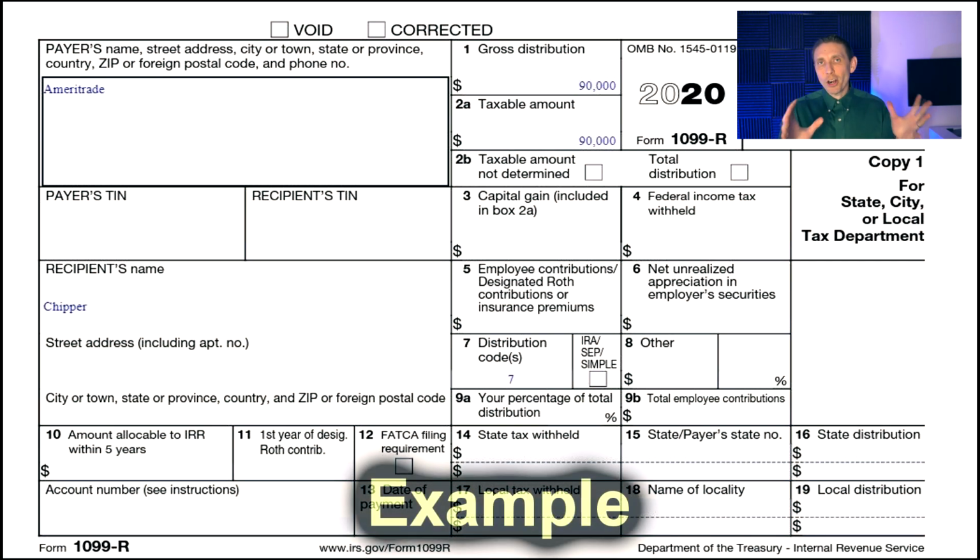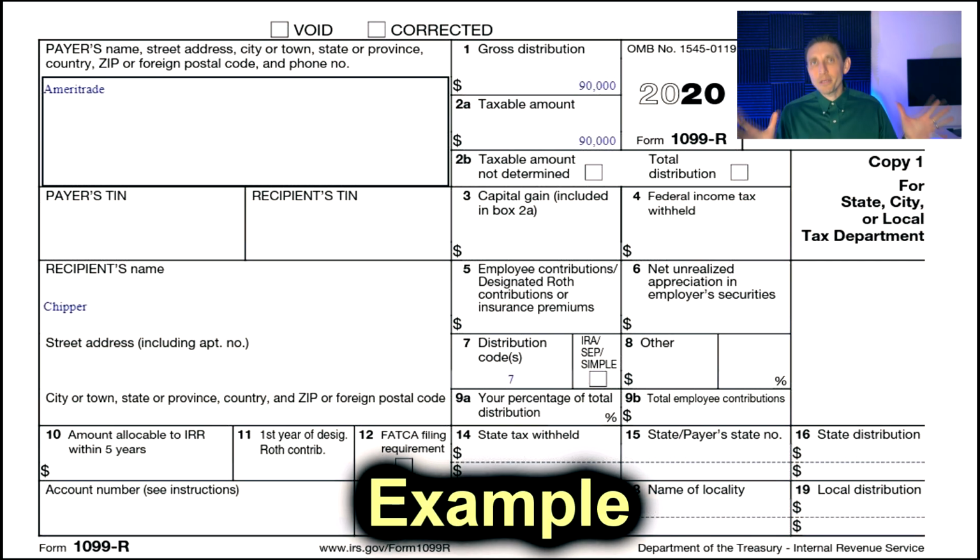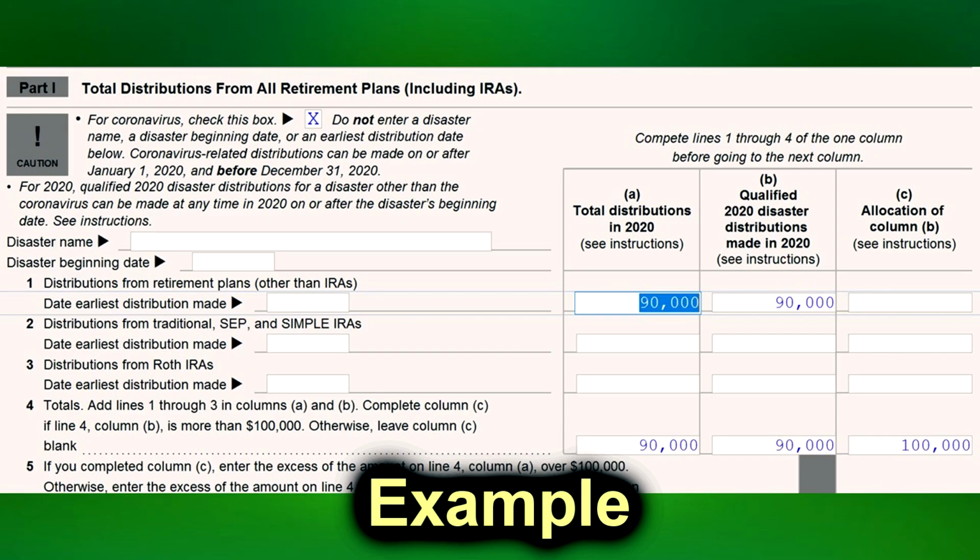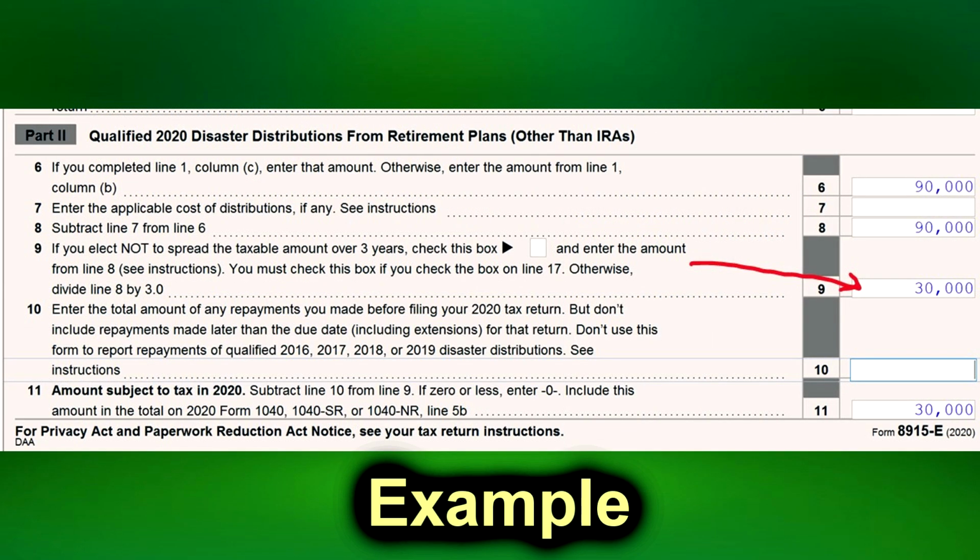You got a 1099-R in 2020 that showed $90,000. Likely that was the entire amount, and you were likely, like most people, spreading out the tax on that over 3 years. On your 8915-E, you would have only reported 1/3 of that income in 2020, and now you're looking to report the next 1/3 on your 2021 return.